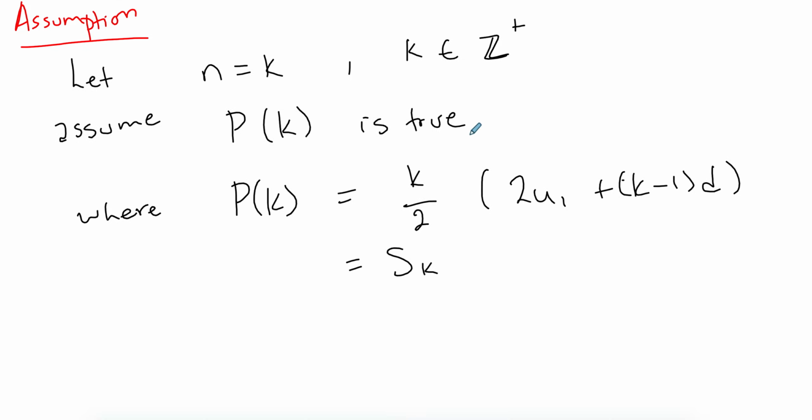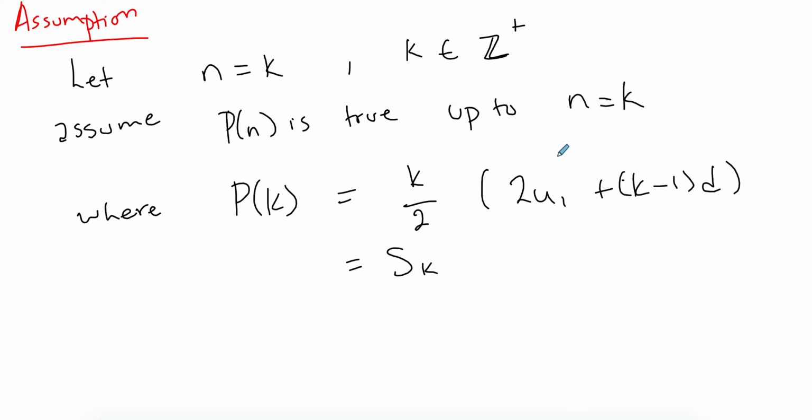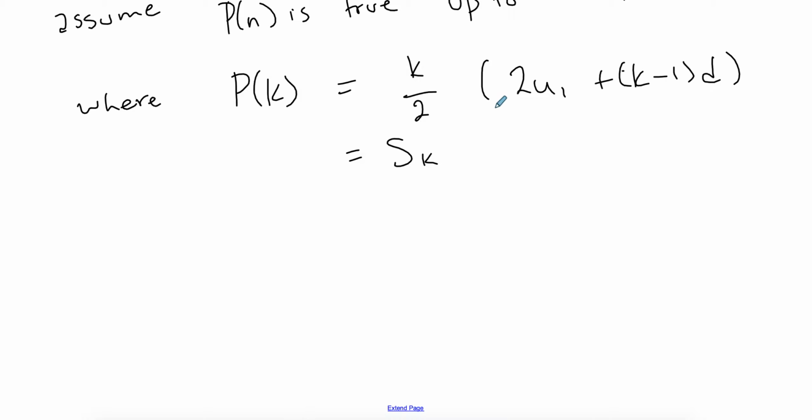So you can say assume Pn is true up to n equals k. And that's how you've established this.